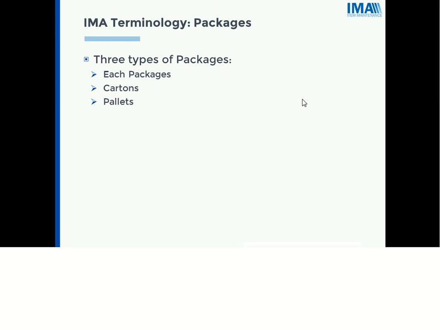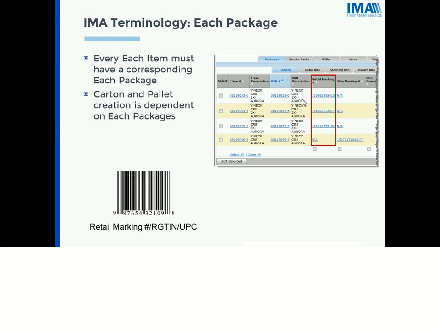So first we're going to talk about each packages. Each item has to have a corresponding each package. Carton and pallet creation is dependent on each packages because they have to have something to put in those cartons and pallets. Each package is what's rung up at the store, and so it has a retail marking number or an RG10 or a UPC.